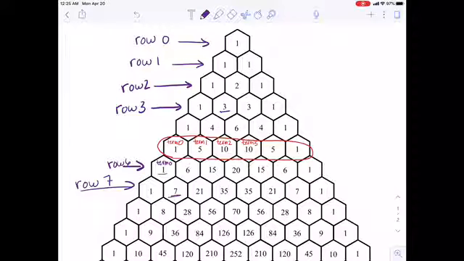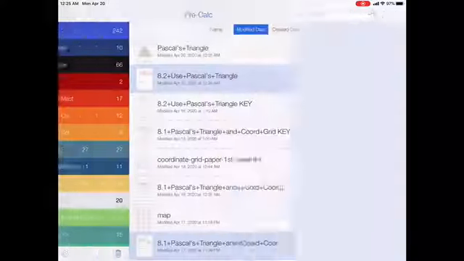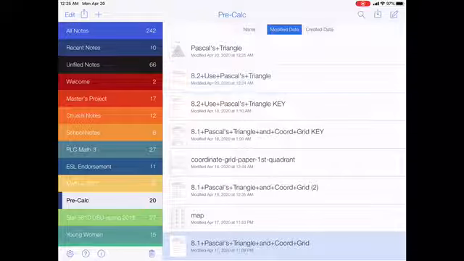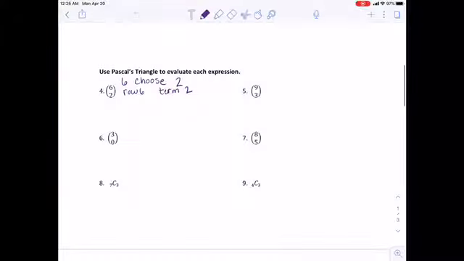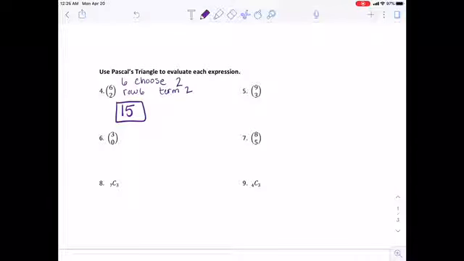And then we have term 1, and term 2 is a 15. So I know that this answer is going to be 15, meaning that if I had 6 items and I wanted to choose out 2 of them, there are 15 different combinations of 2 items that I could choose.